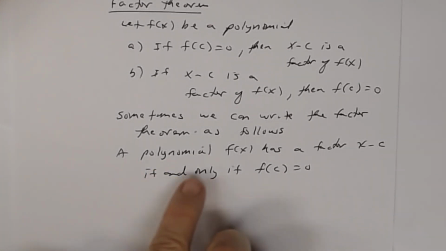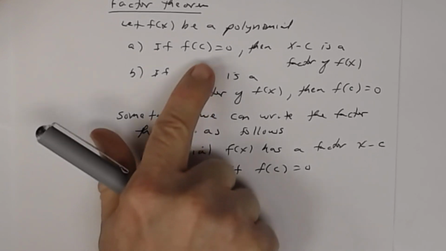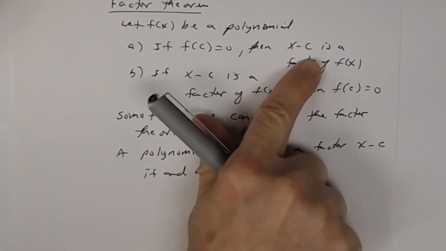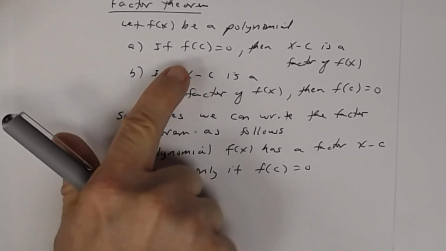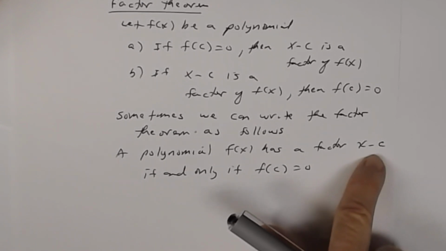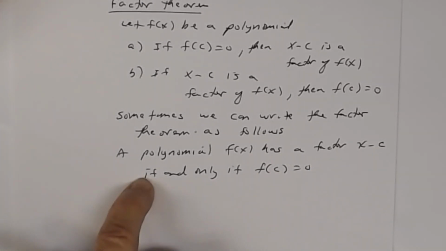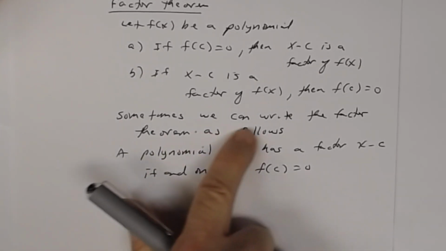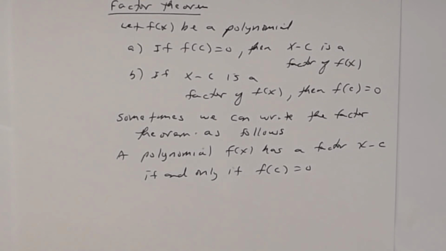That if and only if basically says that you can go both ways, like we did here. If f of c is equal to 0, then x minus c is a factor. If x minus c is a factor, then f of c must equal 0. Then you can go backwards: if f of c is equal to 0, then x minus c must be a factor. All right, so that is the factor theorem.